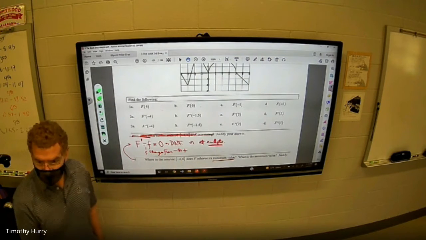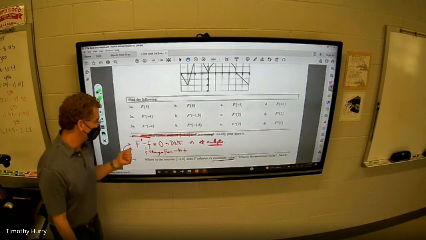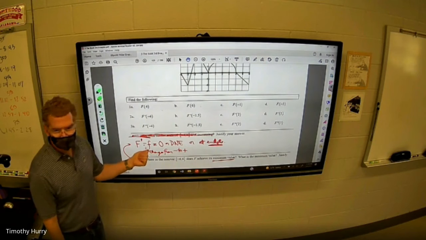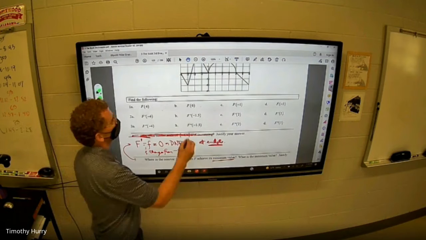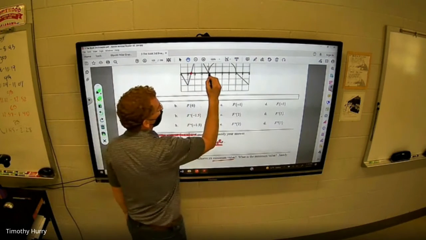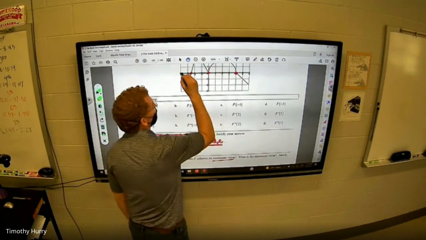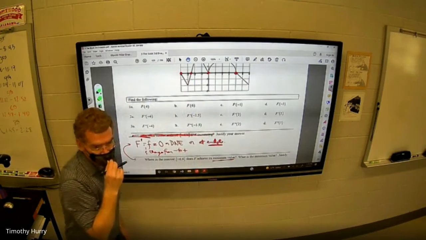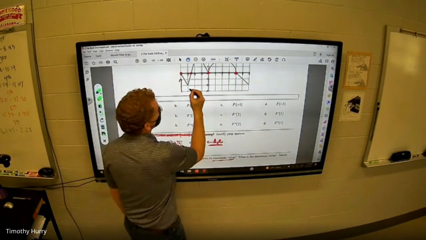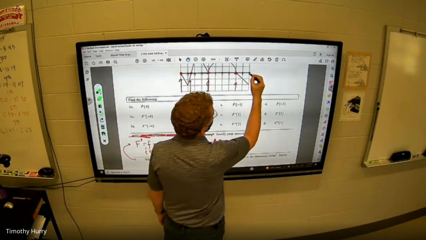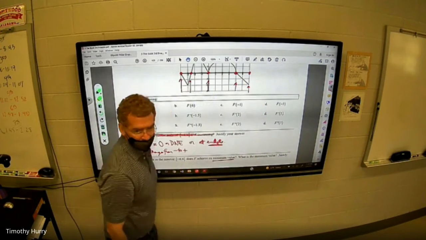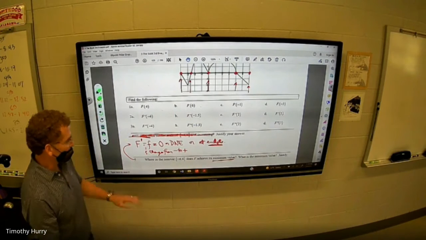So let's see where that happens. What do you know about big F prime? It's little f. So where is this function 0? There, there, there, even there, but that's going to be an endpoint. So I need to check negative 4, negative 2.5, 0, 4, and also 6, because that's an endpoint. Now, what can I eliminate?